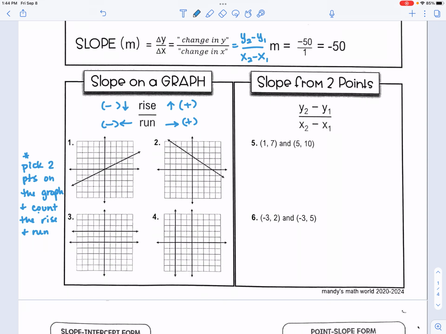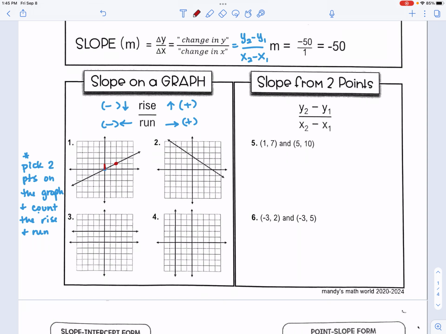So if we're looking at something like number 1, I might pick these 2 points. I'm going to start at 0, 0, and then at 2, 1. I like to just automatically draw a little right triangle, either above or below. It does not matter. But again, since I'm doing rise over run, I like to do my up and down first.